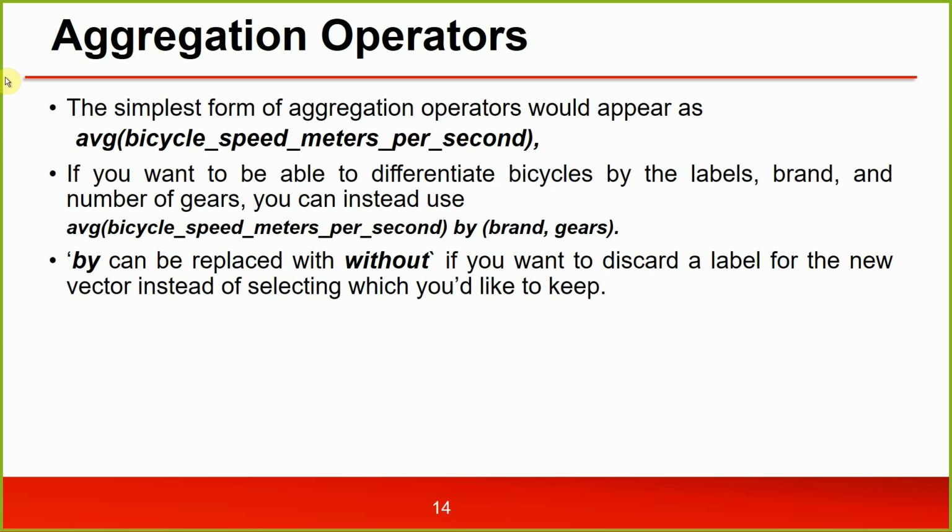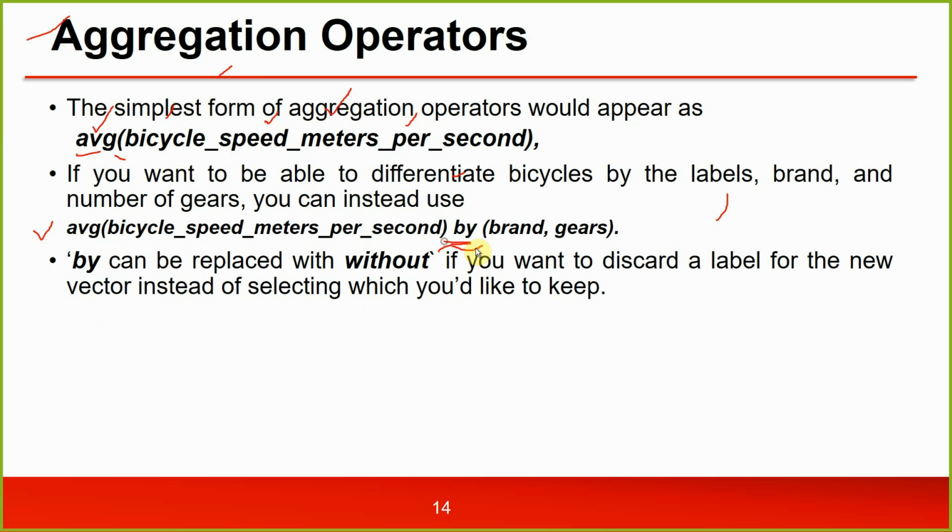Aggregation functions or operators. The simplest form of aggregation operator would be average. So you type avg, within parentheses you write your metric name, average bicycle_speed_meters_per_second. If you want to be able to differentiate bicycles by labels, brands and number of gears, you will be using this kind of function: average bicycle_speed_meters_per_second.